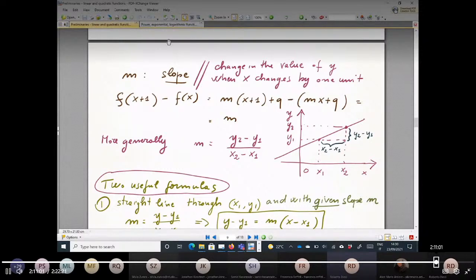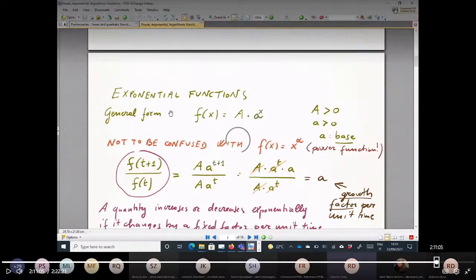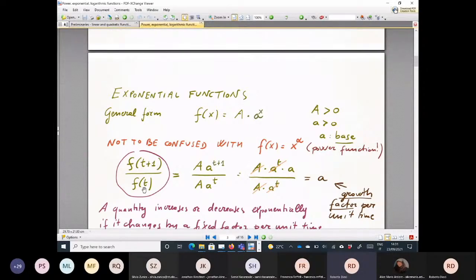With the exponential function, we do the same, not in terms of difference, but in terms of the ratio. This is called the growth factor. It's not the difference between the value at x plus 1 and the value at x, but it is the ratio between the two values.